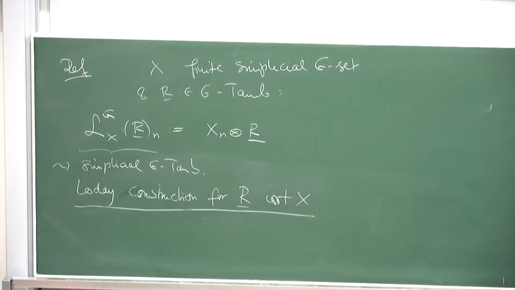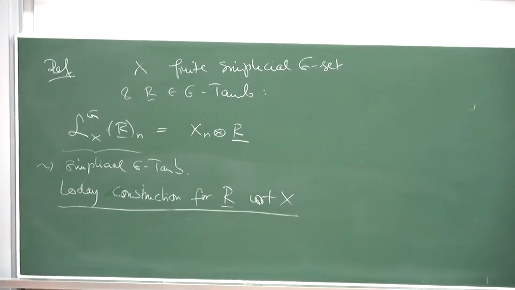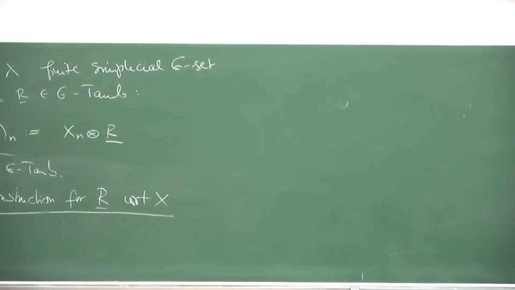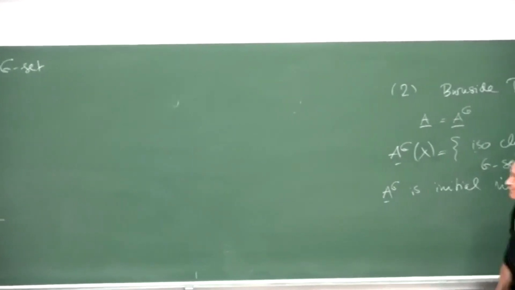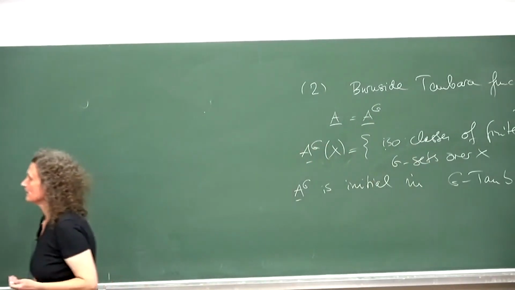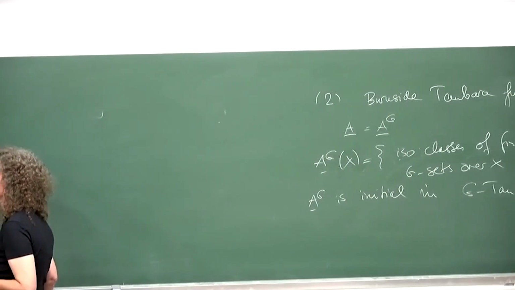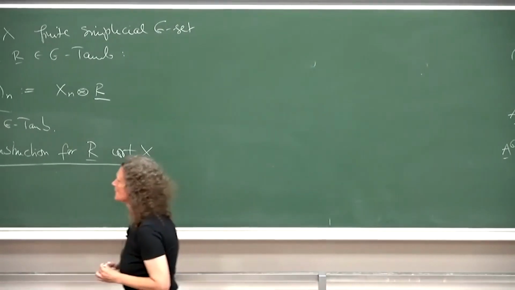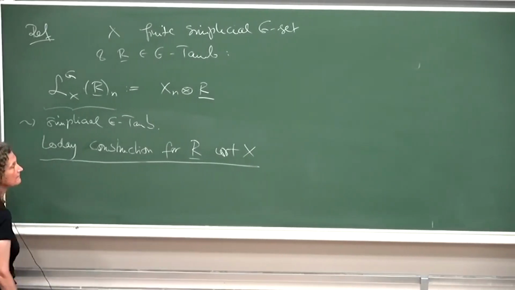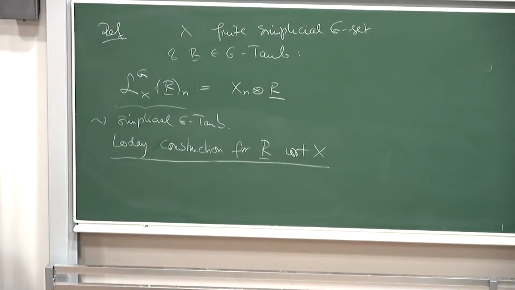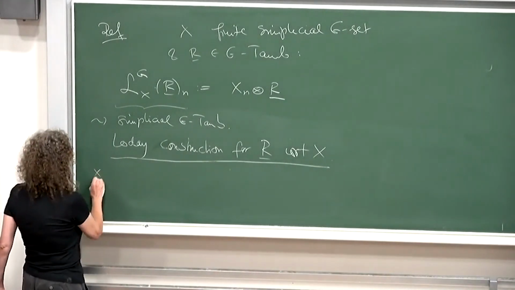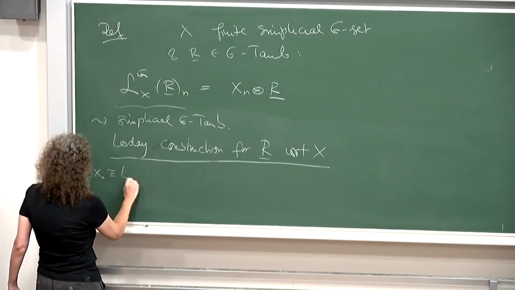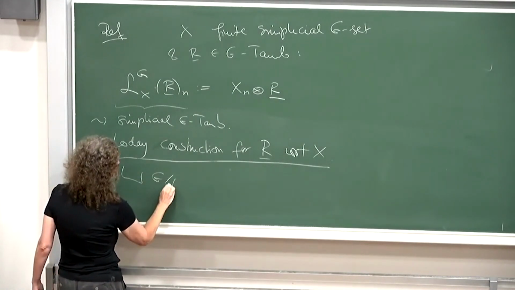So far, I only told you that they did this. I did not tell you what it looks like. So you might ask, well, what do you get? X_n is a finite G-set, so it decomposes into some orbits.